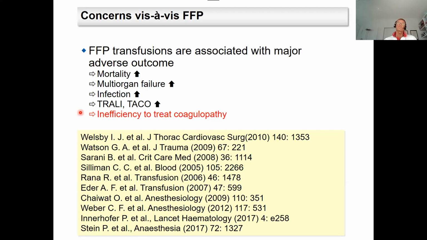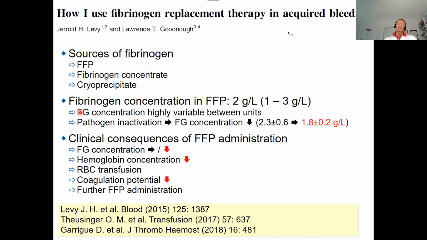There are dozens and hundreds of publications that prove these points. I will show you here a very short version of why FFP is dangerous and is contraindicated in most clinical situations.